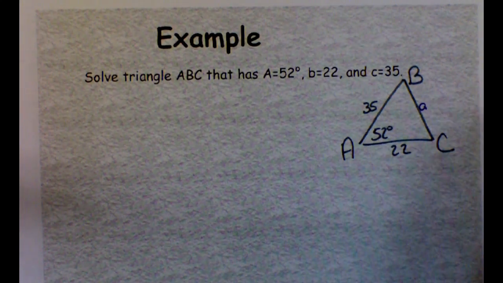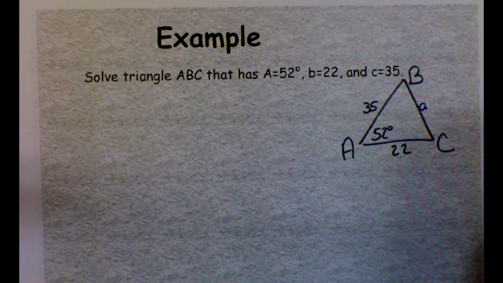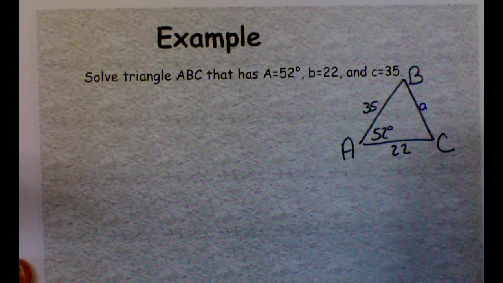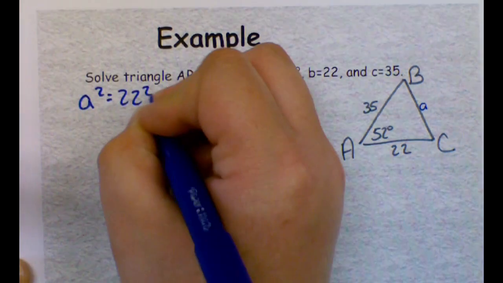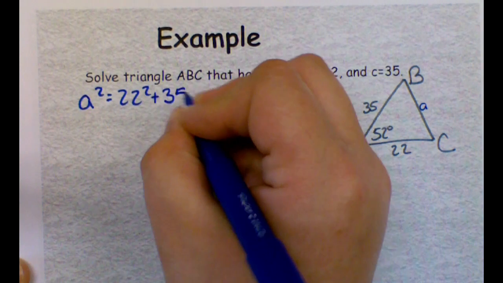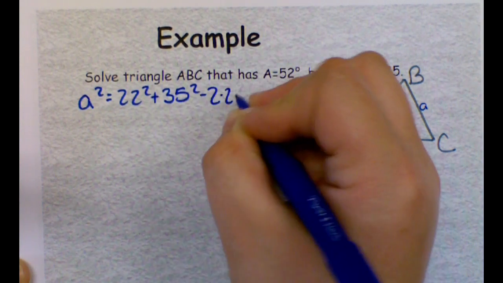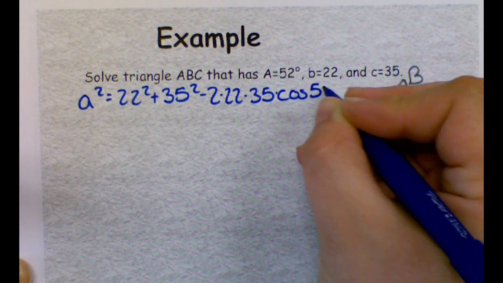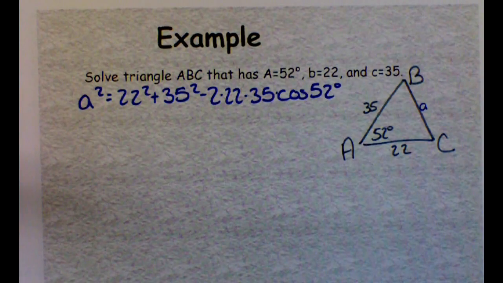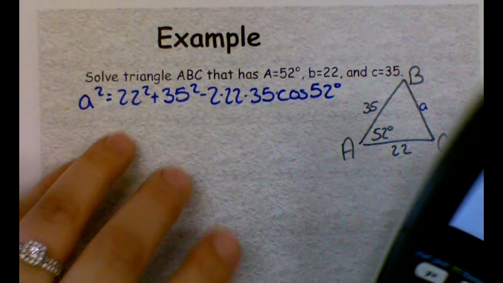In this case, I'm trying to find side A. To find side A, I use the law of cosines rule that has A's on the ends. So A squared equals B squared plus C squared minus 2 times B times C times the cosine of A. This one is nice. I love these because I can just type all this in.